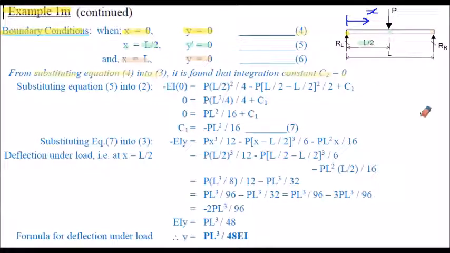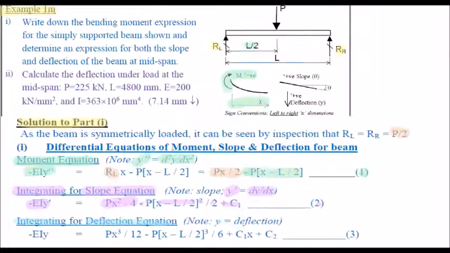So if we refer to equation 3 on the previous slide, when x is equal to 0, y is equal to 0, then if we replace the x terms with 0, this would disappear because we're multiplying by 0, so that goes to 0. And this second term here we will ignore, because if we put 0 in for x here, then the value of that bracket will be negative, and we always ignore brackets in the Macaulay expression that are negative, so that term will disappear.